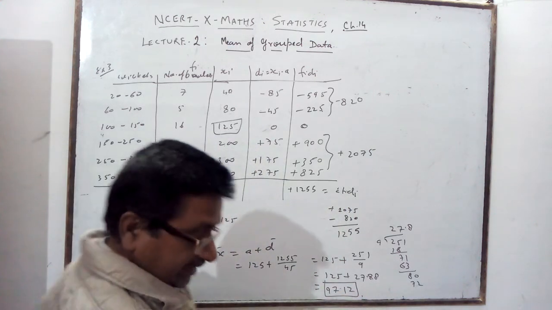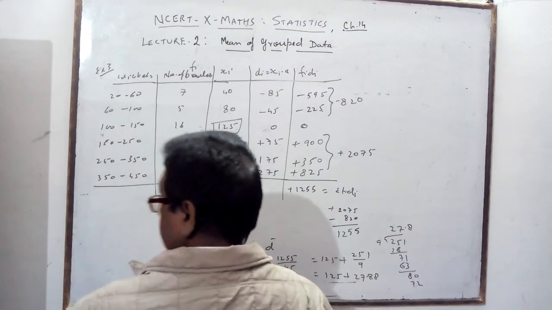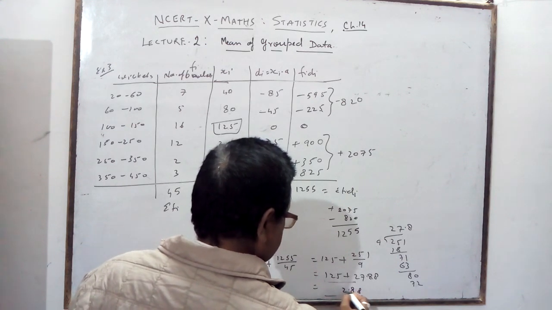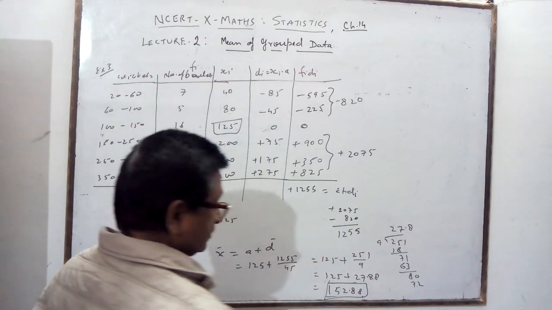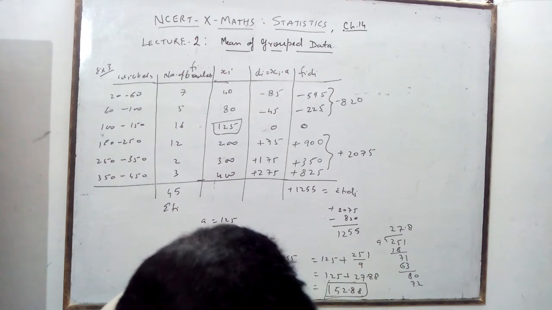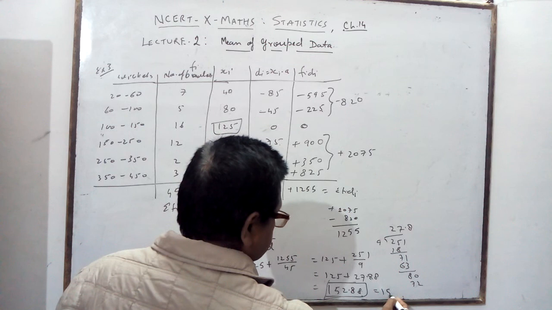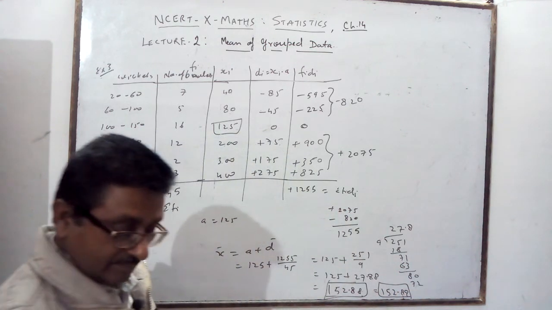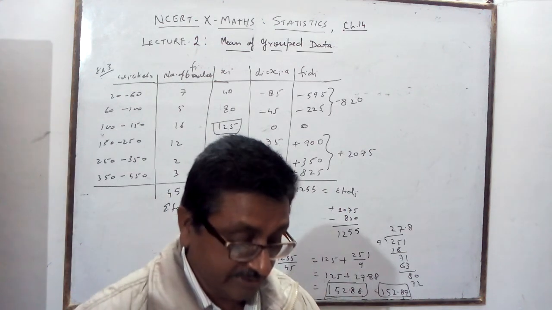You will add, not subtract; I have subtracted here. You will add it and get the answer. What is the answer? 152.89. 88 cross, you will get the 89. This is your answer, and here you can't use the step deviation method.